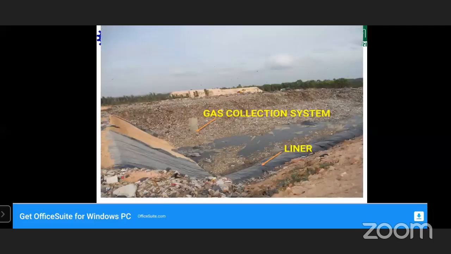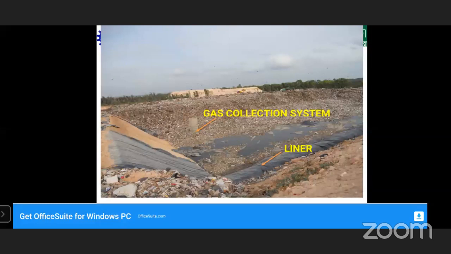This is a live picture of a landfill site in Bangalore. What we studied now and what we see practically, there is a lot of difference. You can see how the waste is being dumped, in a very irregular and non-organized manner. You can see that there is a liner being put, but on the left-hand side, the liner is torn. On the other side, there is a truck putting waste into it.